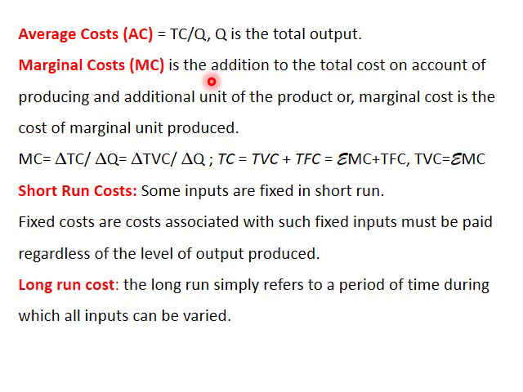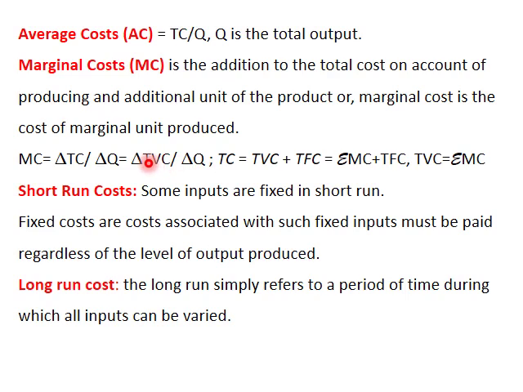Marginal cost can be expressed as change in total cost divided by change in total output, or change in quantity, or change in total variable cost divided by change in quantity.